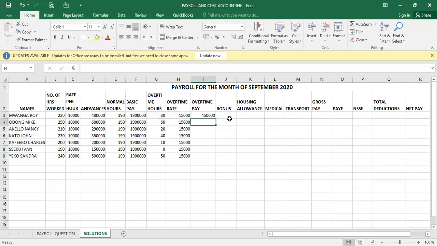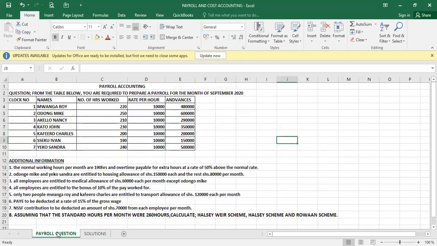Press enter, and we shall be getting 450,000. Double click so that you get everything. That's why this person earned zero overtime, because they worked exactly the same hours that were allocated.